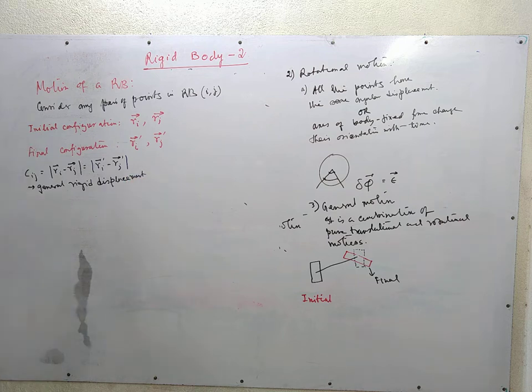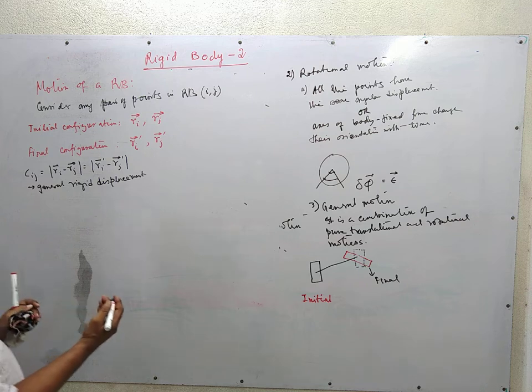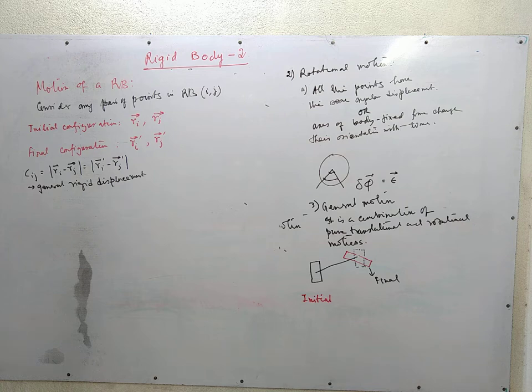We should prove what happens. As we have seen, let us look upon the situation in another way. Let in the initial configuration the body fixed frame and the lab frame be coincident.